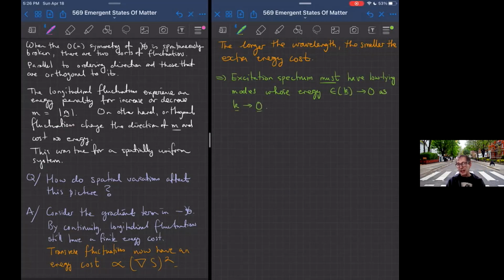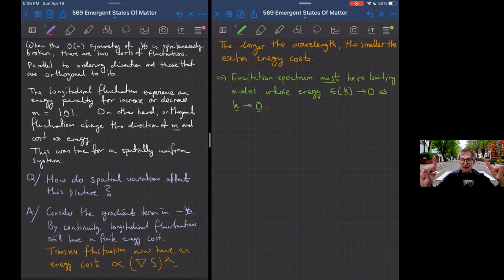Okay, so what we're saying is this: if I have my spins and I rotate them uniformly, it costs no energy. Now suppose I rotate them non-uniformly. These are my two fingers. There's the spins, and now I rotate this spin, my left finger, my right finger, whatever it looks like to you.